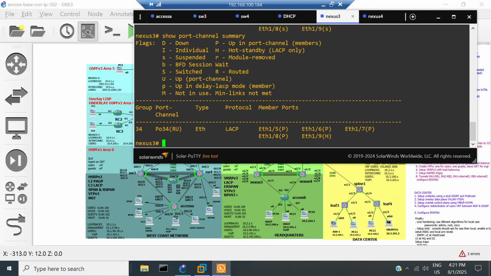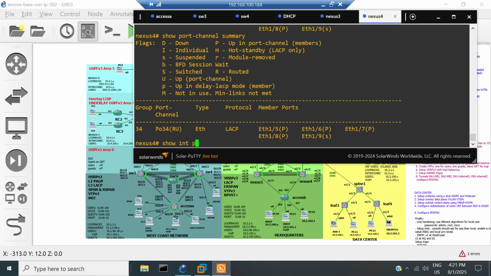Okay, this is in hot standby mode because we configured max bundle, so only 4 interfaces can be participating, and the 5th will become hot standby, waiting for any of these interfaces to fail in order to participate into the Ether channel.